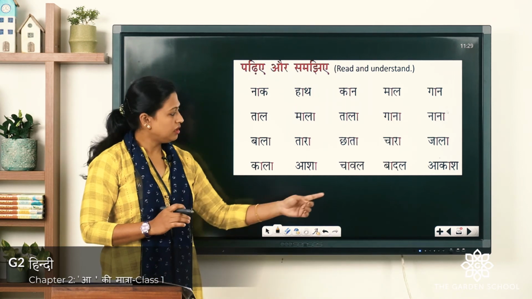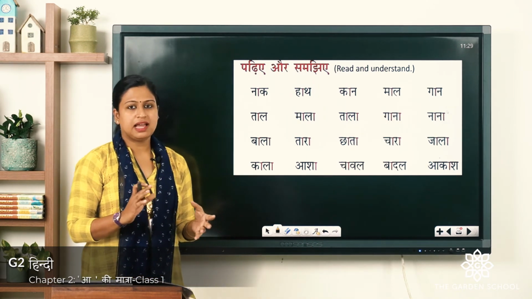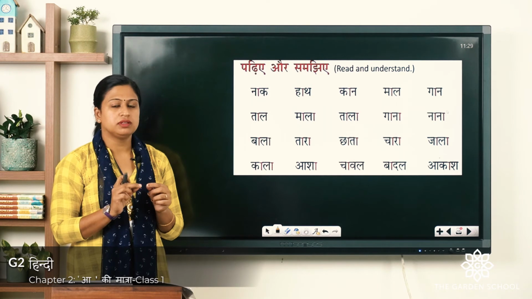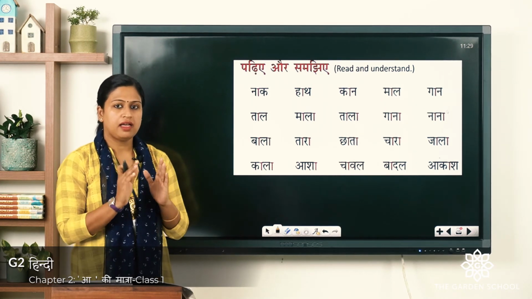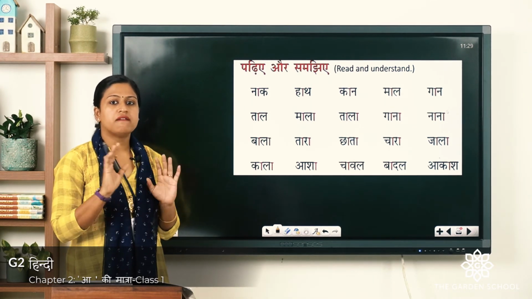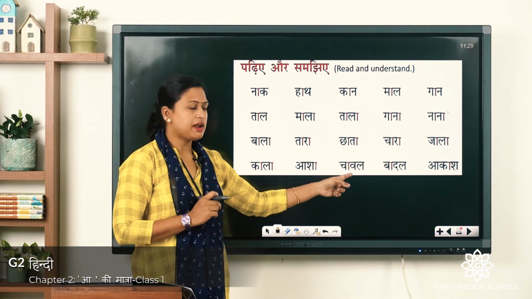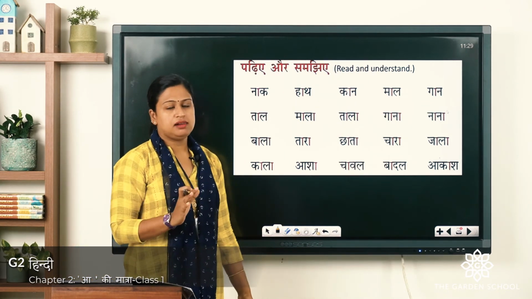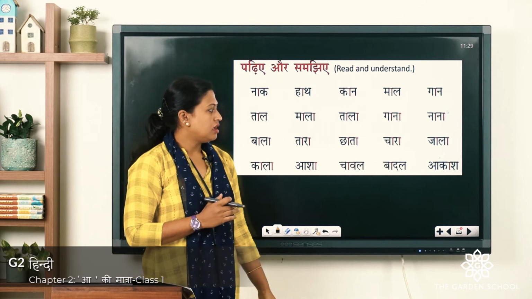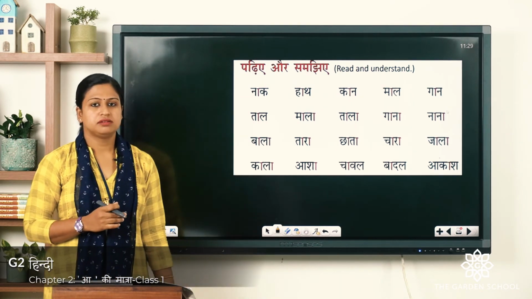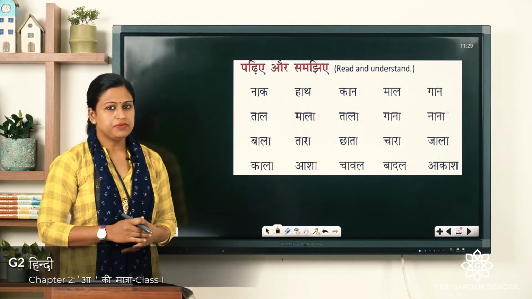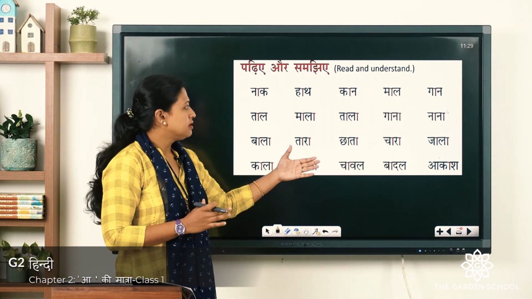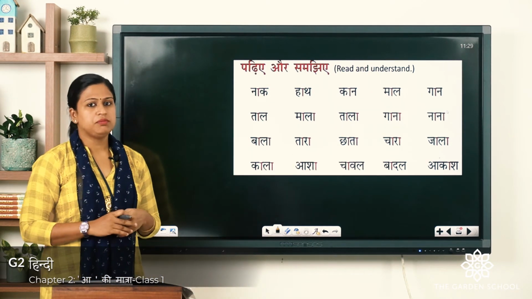Chawal. Here there is no Aa symbol, that's why it has a short sound. The wa and la have a short sound. Chawal means rice. Baadal, clouds. Aakaash, sky.